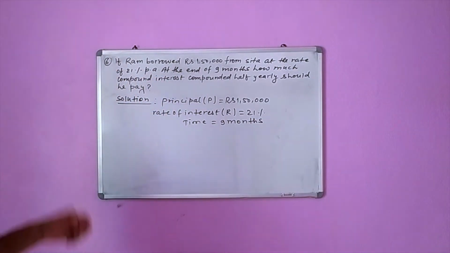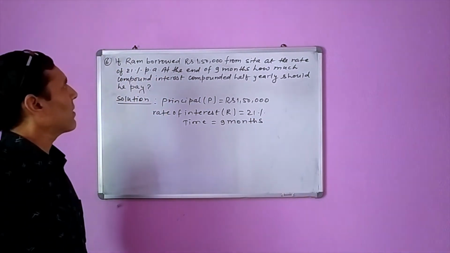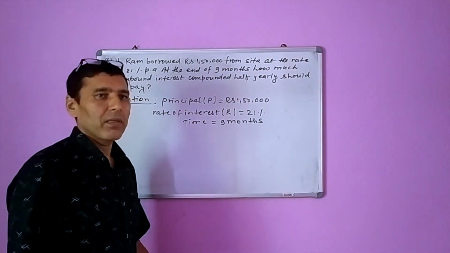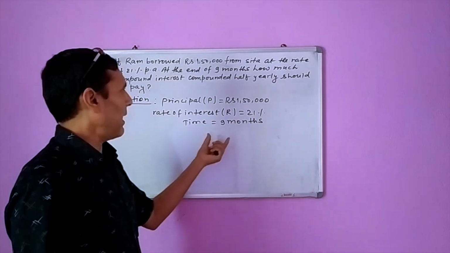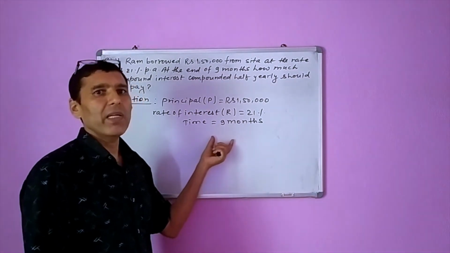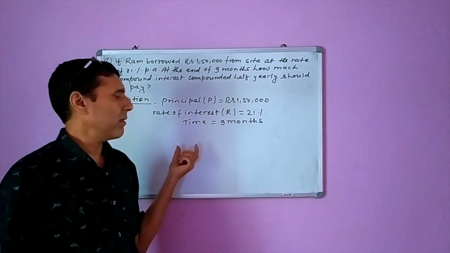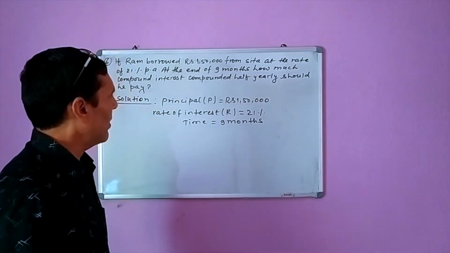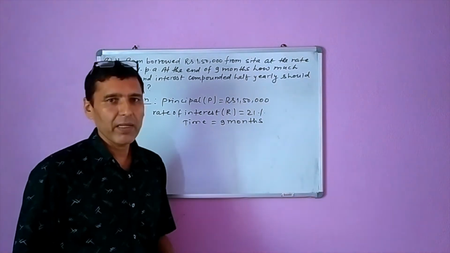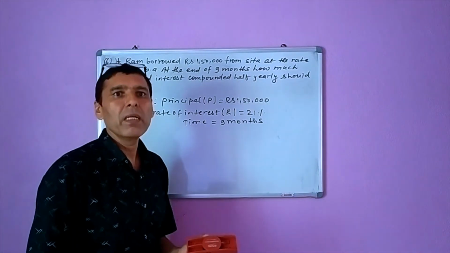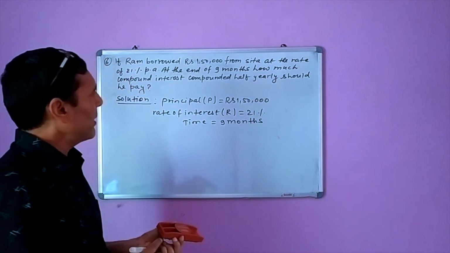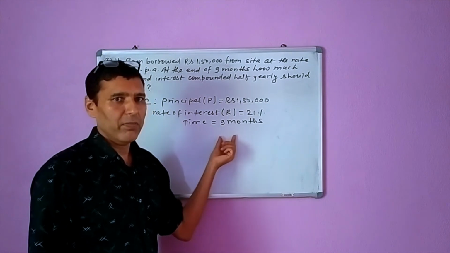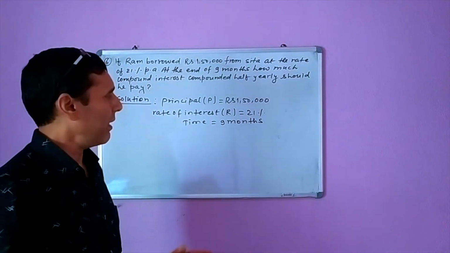We are finding the compound interest half yearly compounded, but time is given 9 months. So how do we manage the time? It is a very important thing here. How many half years are there in 9 months? We separate the half years, then the other remaining number of months. We know that in 9 months there is only one half year, because 6 months is equal to 1 half year.